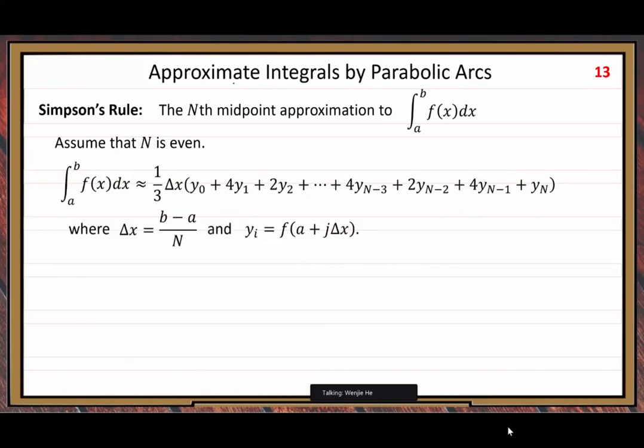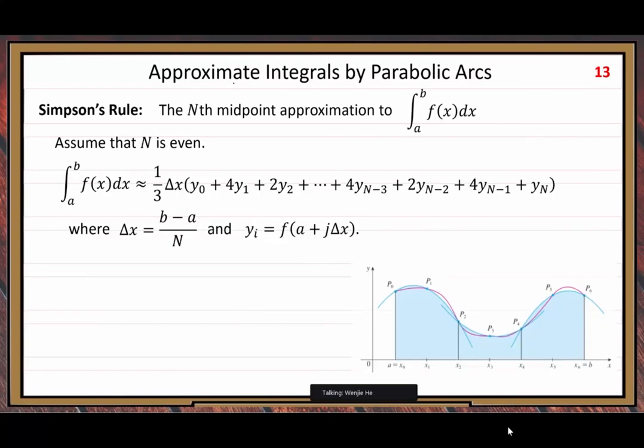So how do we approximate? Look at this graph. This time we use a curve. For each piece, the shape of the curve is a portion of a parabola, a quadratic curve.